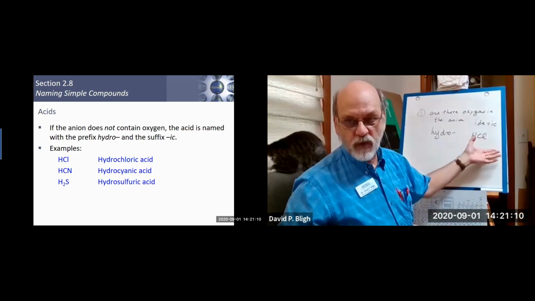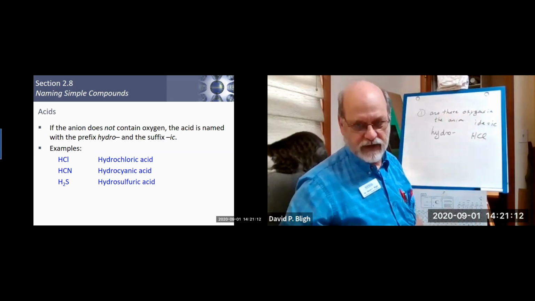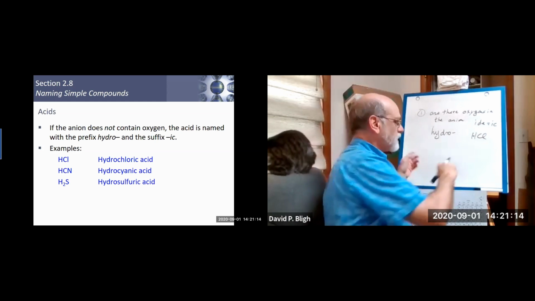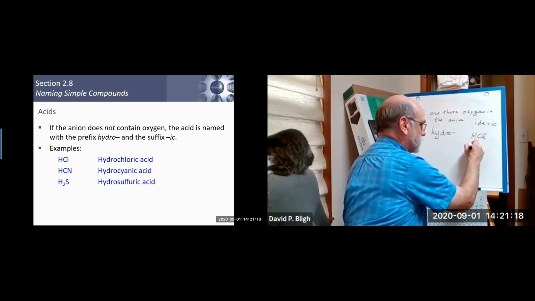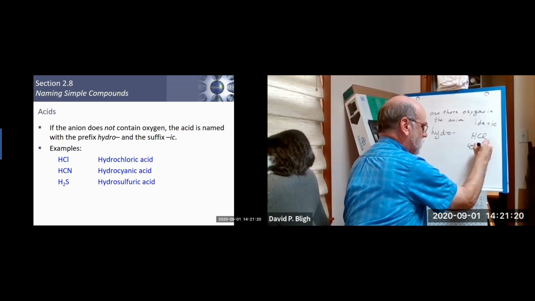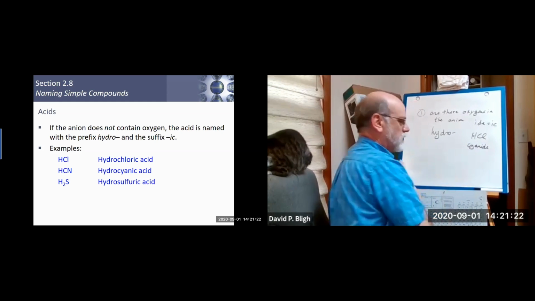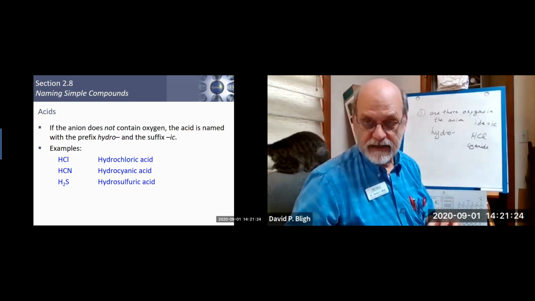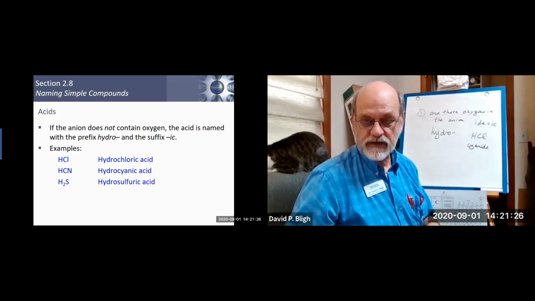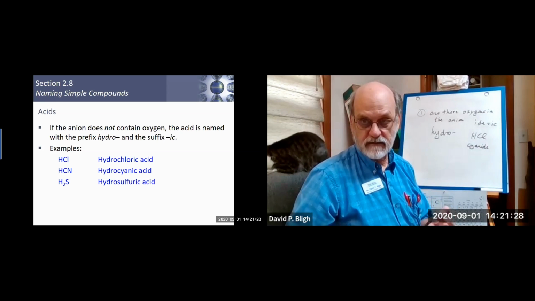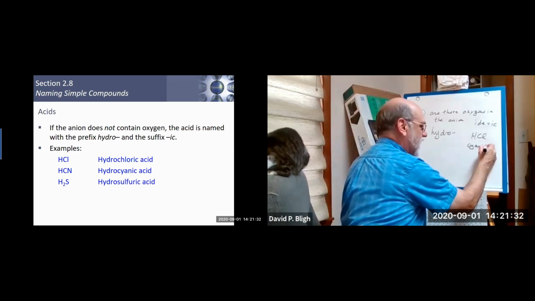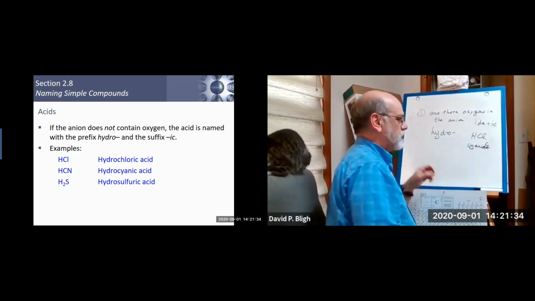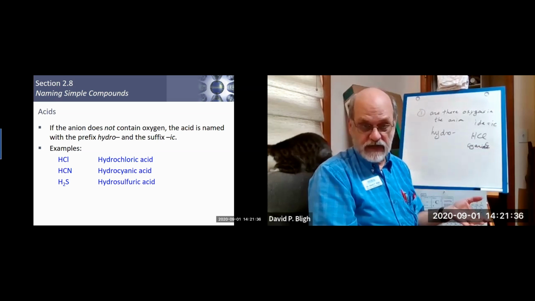And I'm leaving off the aqueous because we're talking about acids all the way down now. Here's another one. CN is a polyatomic ion, and it's called cyanide, the cyanide ion. Ide becomes ic, so now it's cyanic. Hydrocyanic acid is HCN.